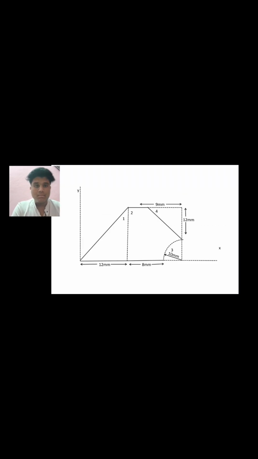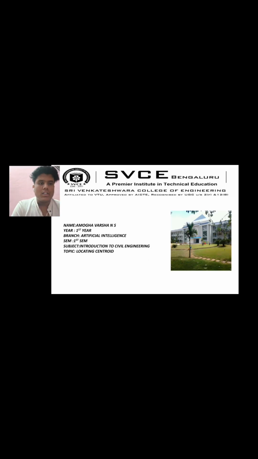In the previous slide, everything is together in a single axis. In the next slide, we will separate all the components, with the triangle in a single axis, the square in another axis, and the quadrant in another axis.